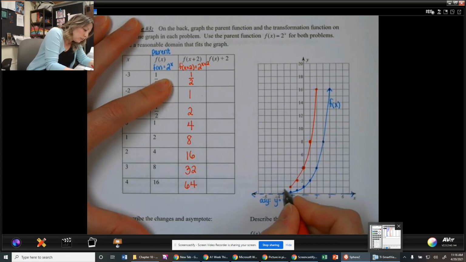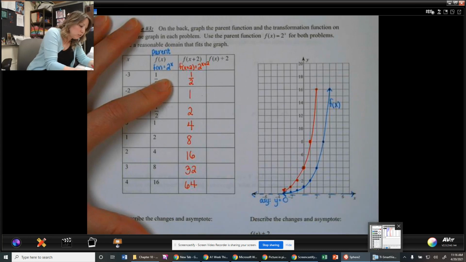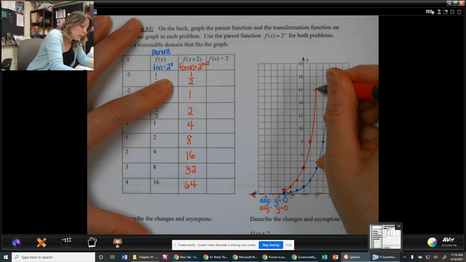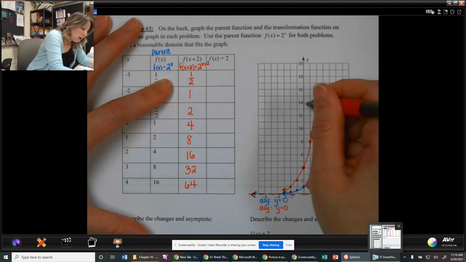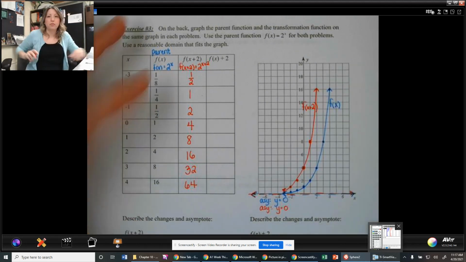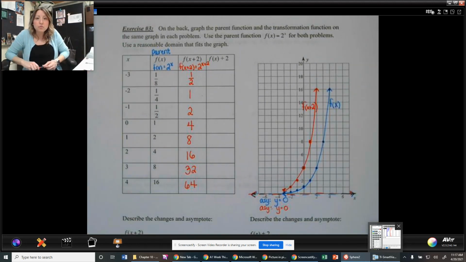So now, and this was the point I kind of stopped at, let's fill in our asymptote in red because it is the same. And this was if we add 2 inside the parentheses, f of x plus 2. That's the change we made.